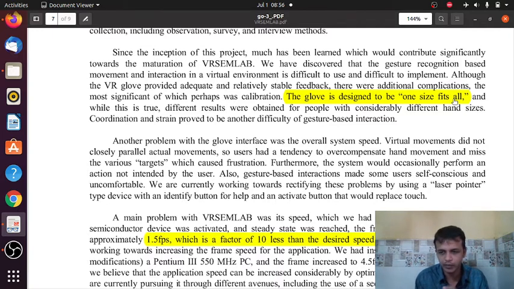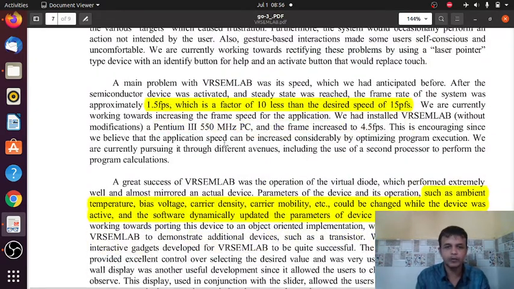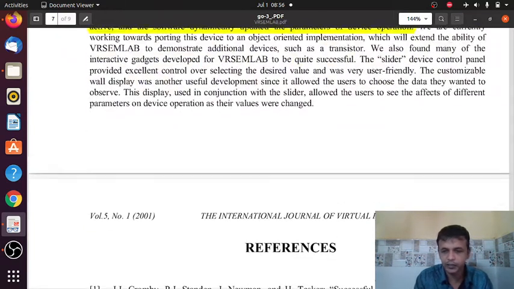And the virtual reality environment ran at 1.5 frames per second, which should be at least 15 frames per second, but this did not happen. As a result, there was no smooth movement. Okay, so these are the things that they noticed.